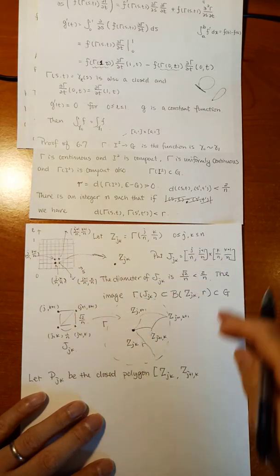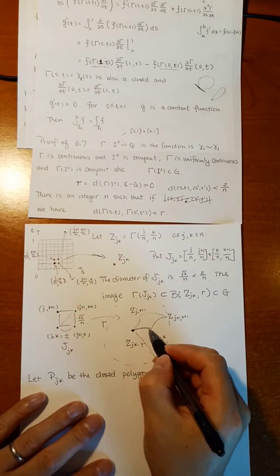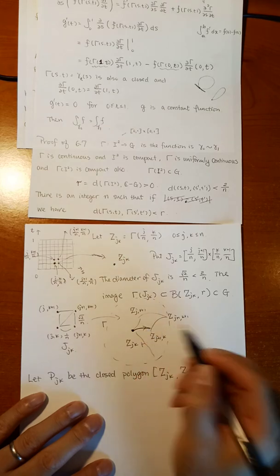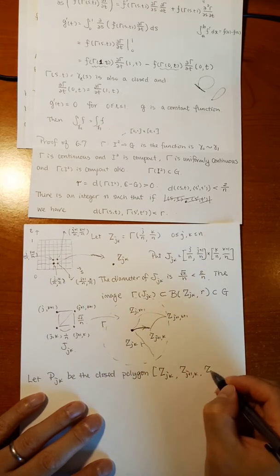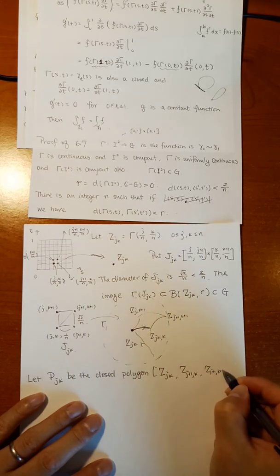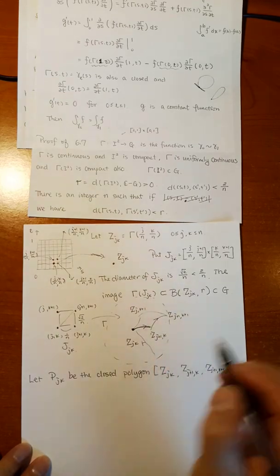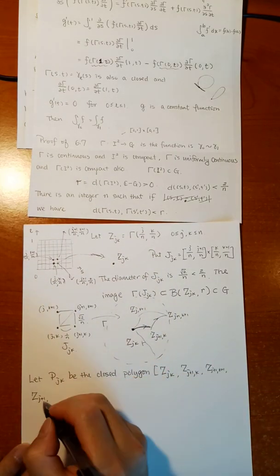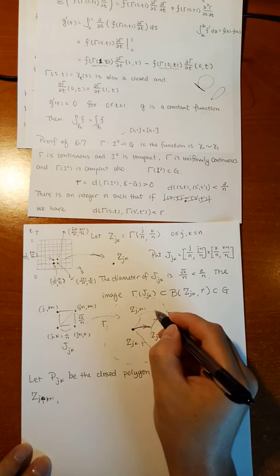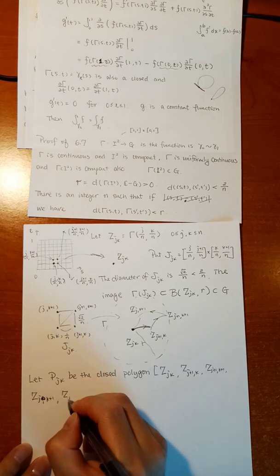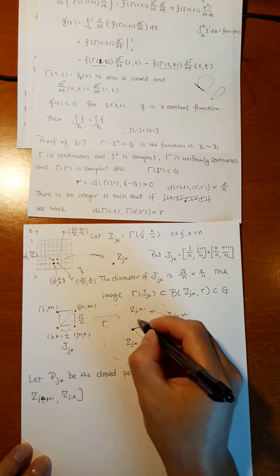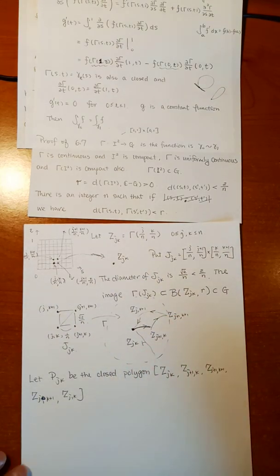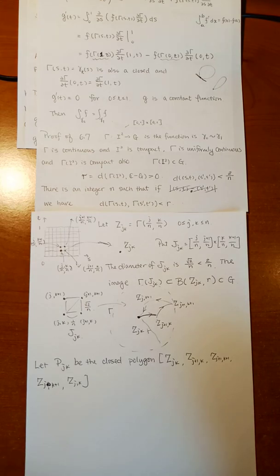I want counterclockwise orientation, so this one, and zj plus 1 k plus 1, then zj k plus 1, and back to zjk. This is the polygon on the image side.